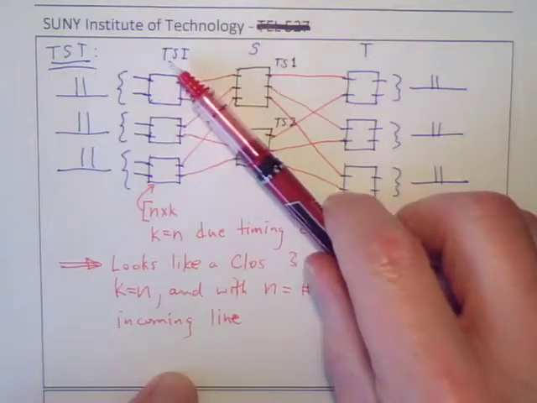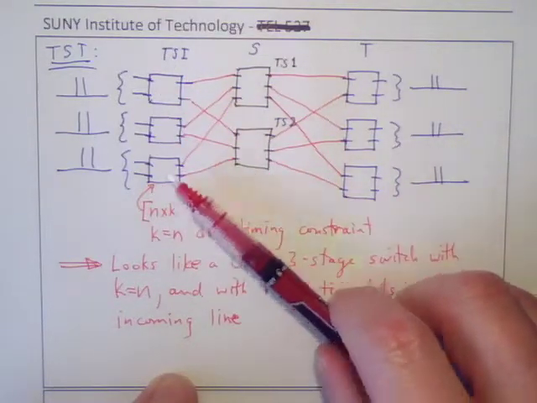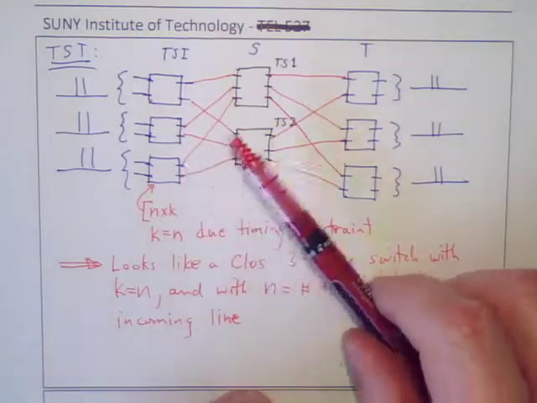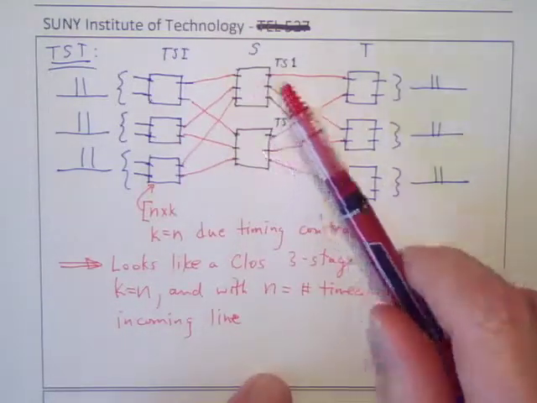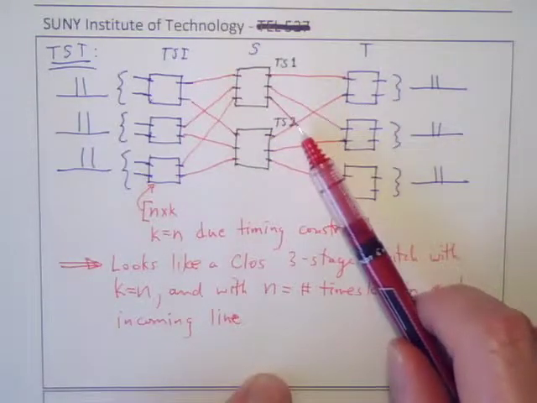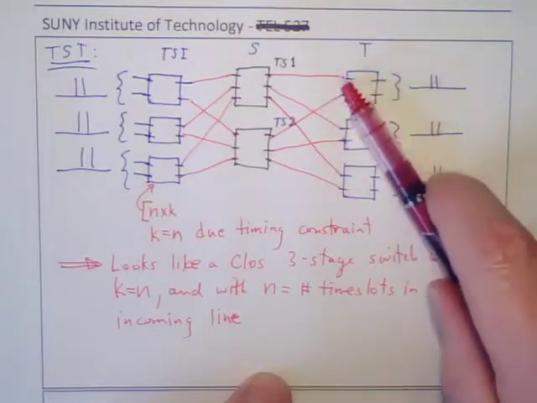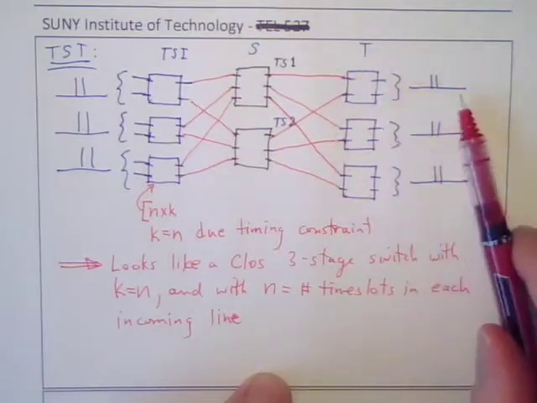These time slot interchange, TSI, switches look like 2x2s here. For the 3x3 space switch, I draw 2 copies of it, one for time slot 1 and one for time slot 2, and symmetrically on the way out with another set of 2x2 time slot interchange switches.